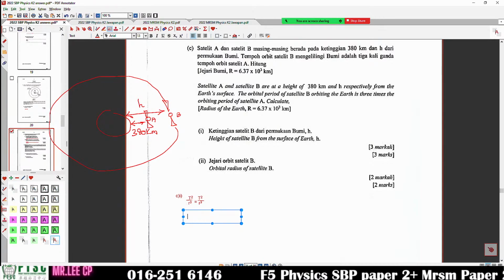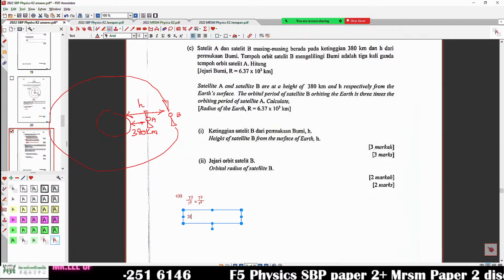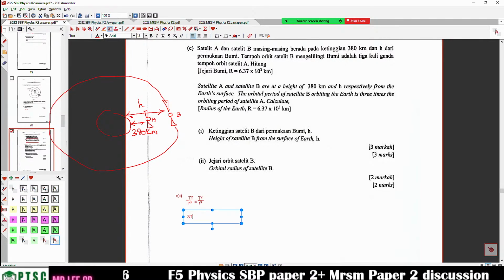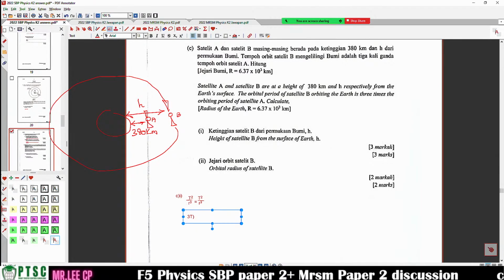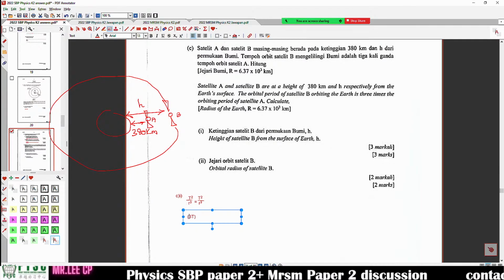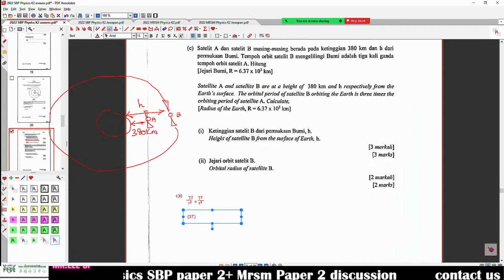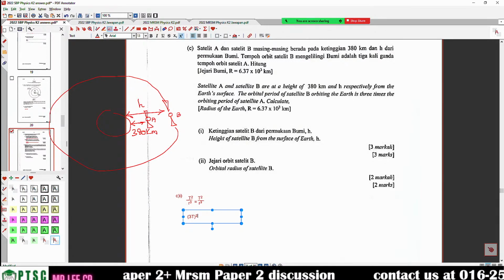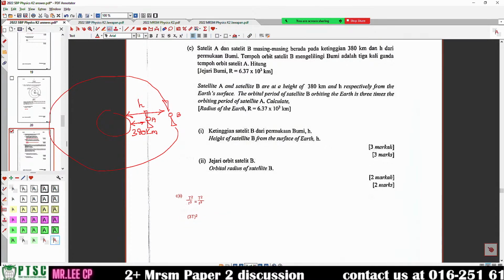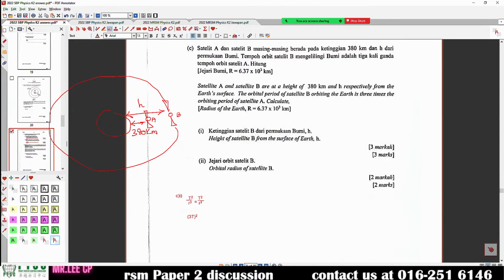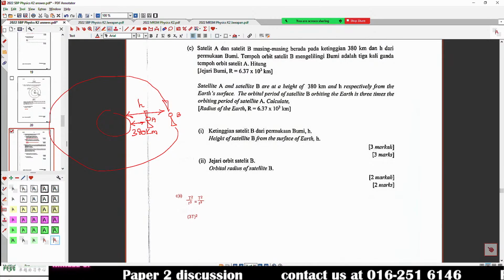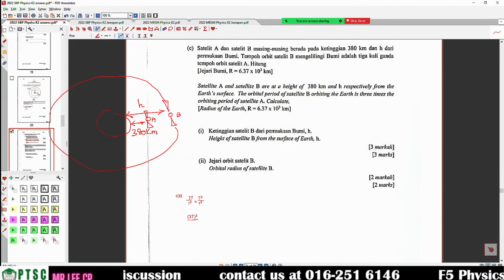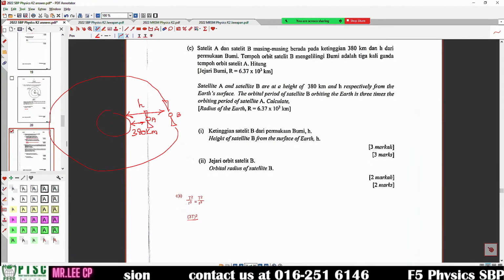So 3 times the T of the second one, so you have to square both. T squared for the one that I don't know, over... I'll just handwrite it, can't be too slow. So T squared is 3 times the original.